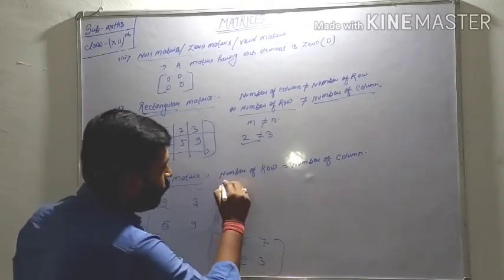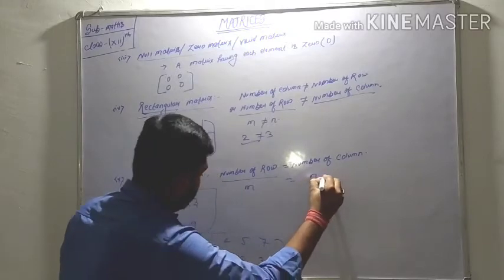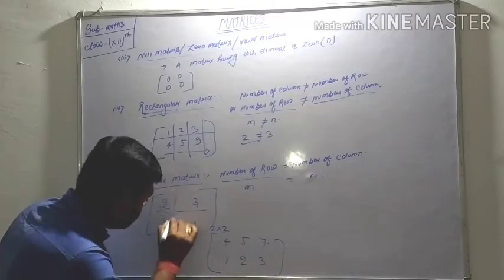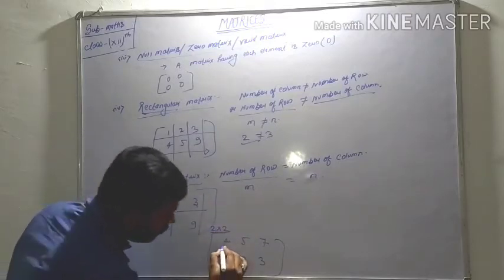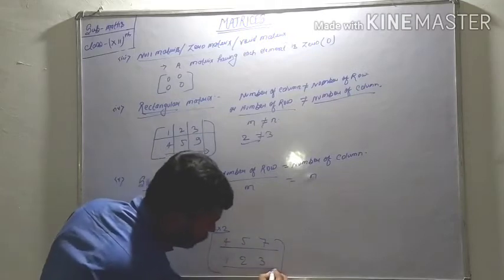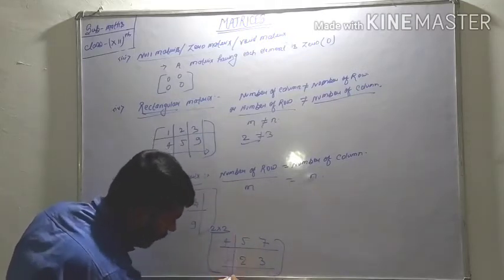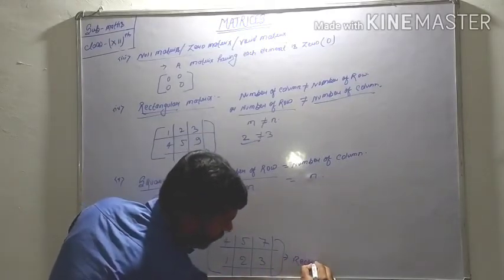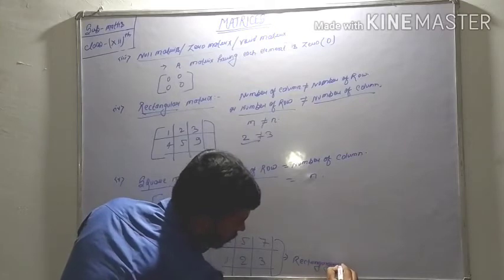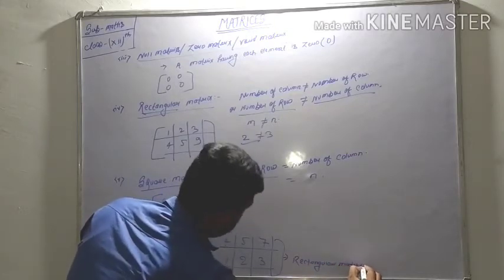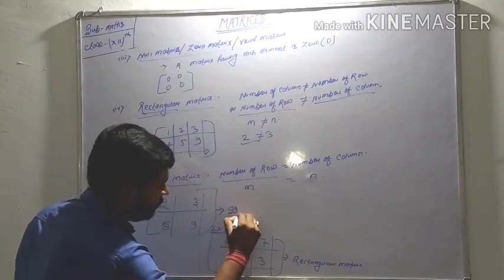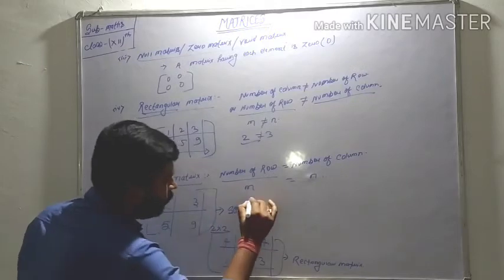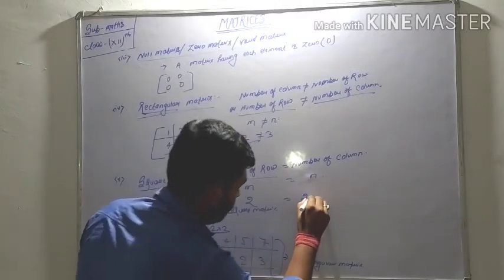For the first, m is equal to n, and the order of the matrix is 2 into 2, that means 2 rows and 2 columns. The order of the second matrix is 2 into 3, so it is a rectangular matrix. And the first is a square matrix, because the number of rows is equal to the number of columns.